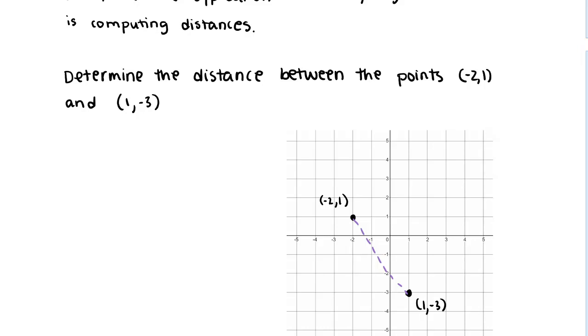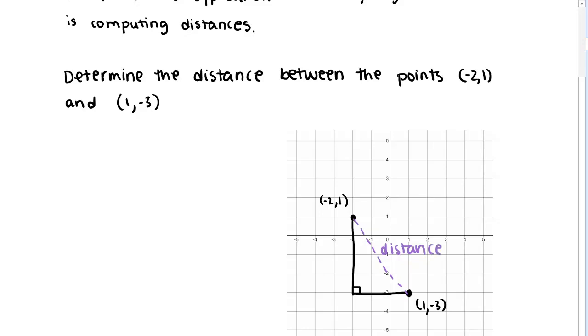So the idea here is that we can fit a right triangle into this picture. You might see one already, but one example I can imagine drawing here is this right triangle here. Right, so here, if we can make sense of the side lengths of this right triangle, in particular the hypotenuse, then we'll know the distance that we're looking for, right?